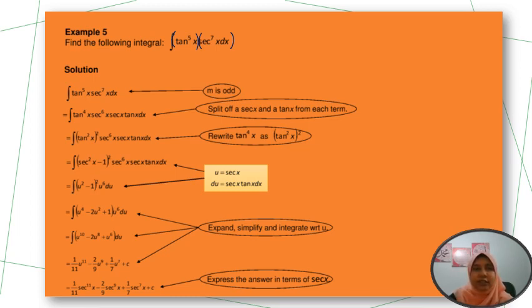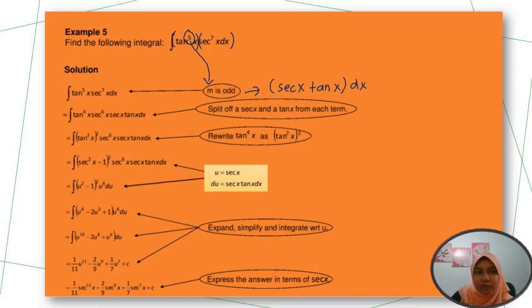M is an odd number. So we have to split up this original function, if m is an odd number, into secant x tangent x dx.